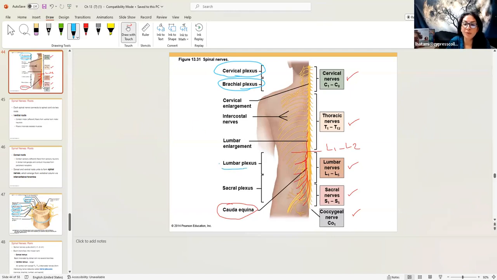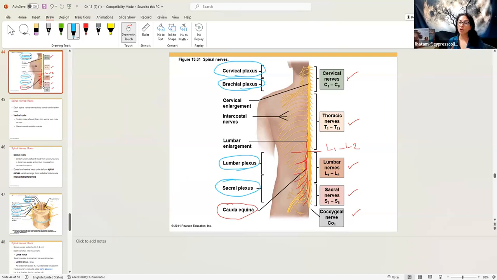We have the lumbar plexus, which innervates the muscles and skin of the lower leg, mostly the anterior part. The sacral plexus also innervates the structures of the lower leg, mostly the posterior part.